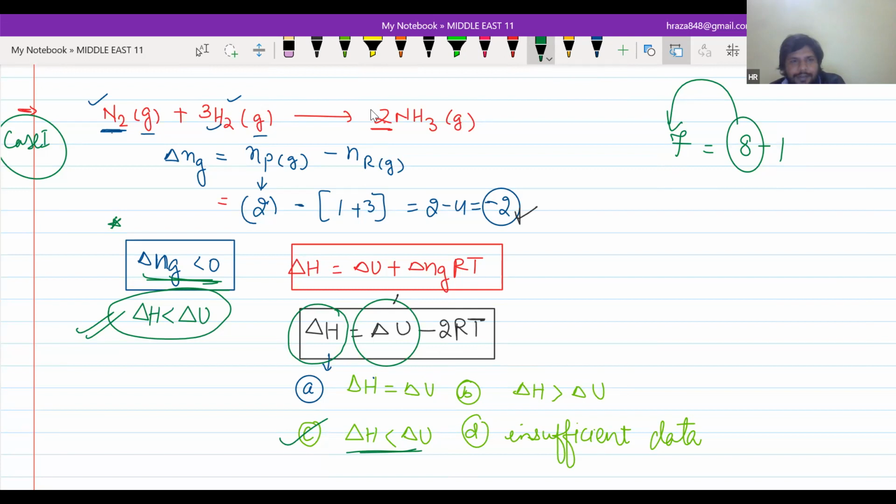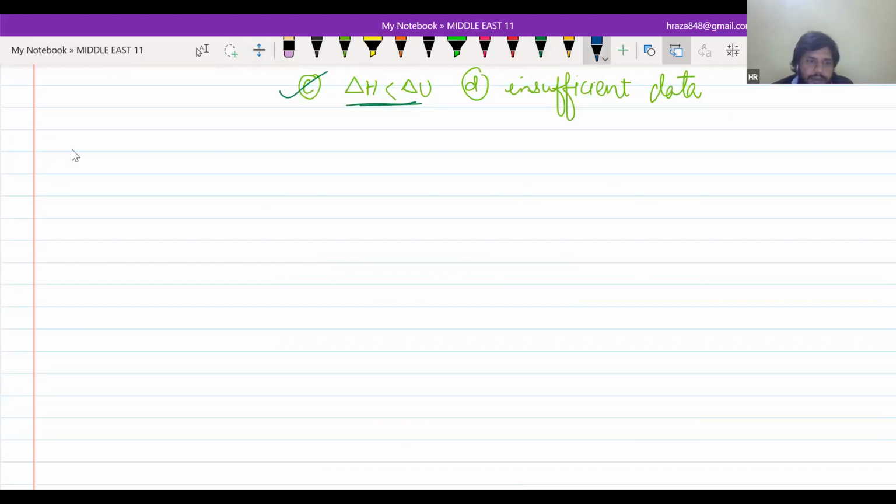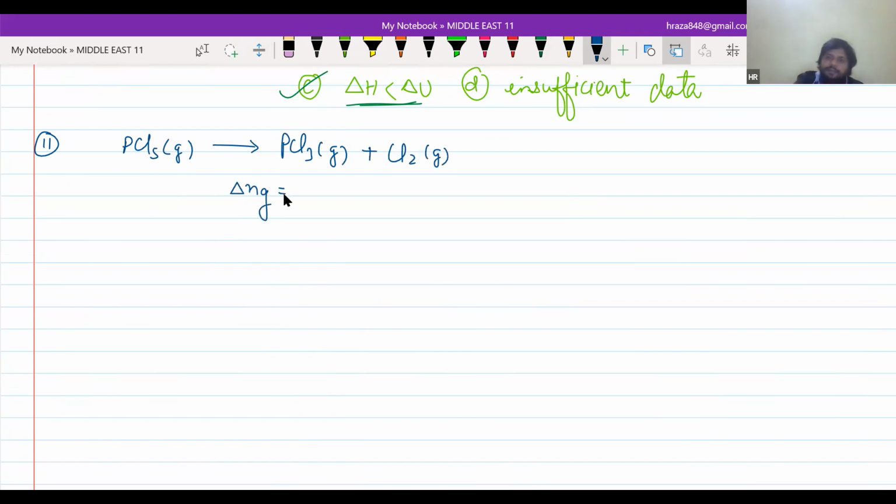Just see another case, the second. PCl5 in gaseous state will give PCl3 in gaseous state plus Cl2. Krishna and Ifra, calculate delta Ng.